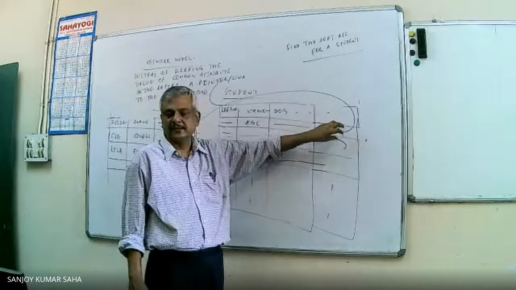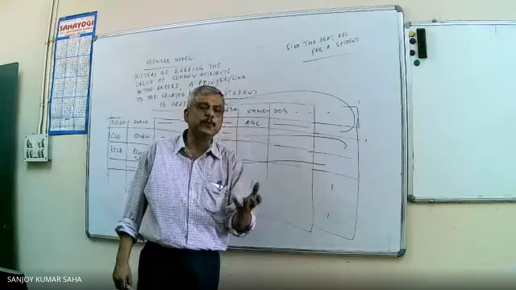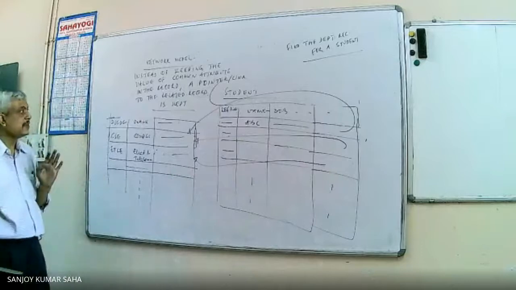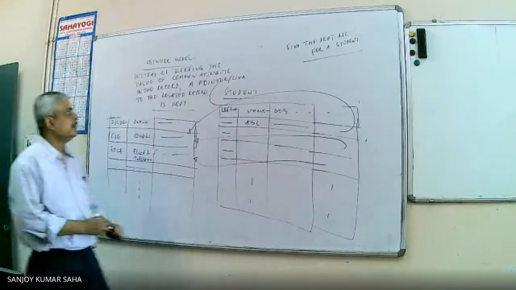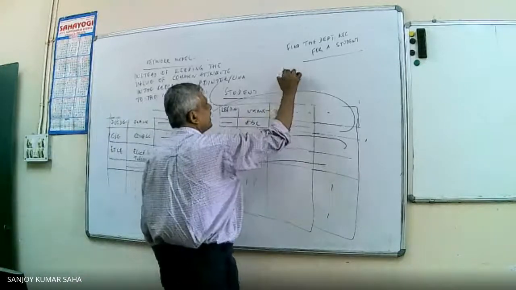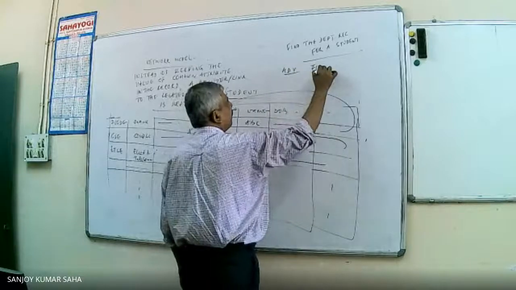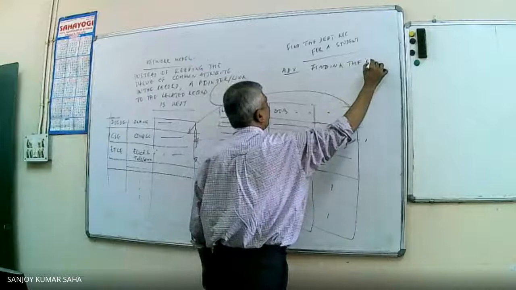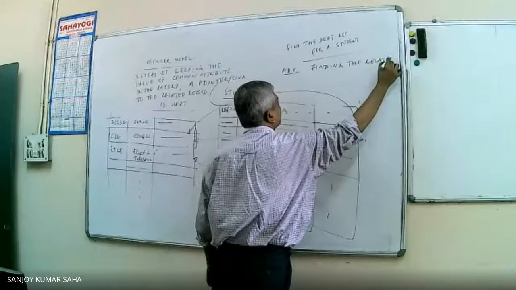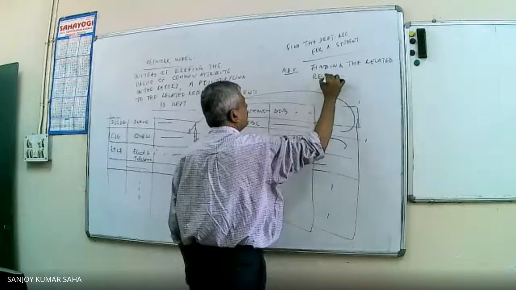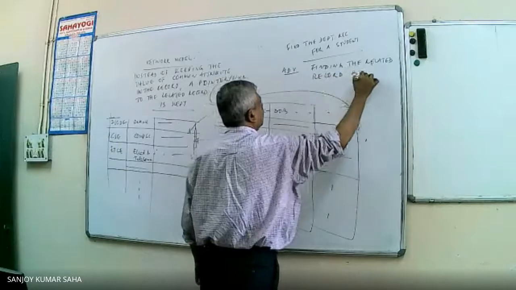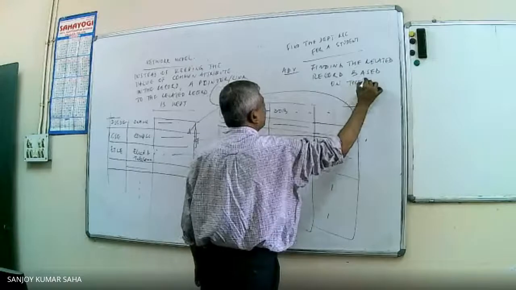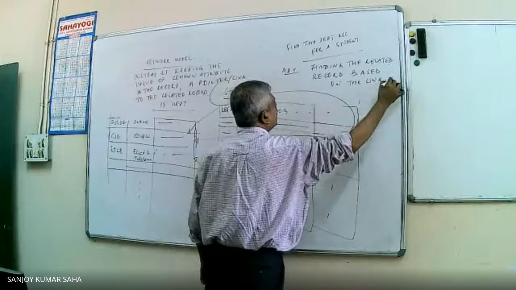So we know which block on my disk to read for the corresponding record. That is the advantage: finding the related record based on the link is faster.